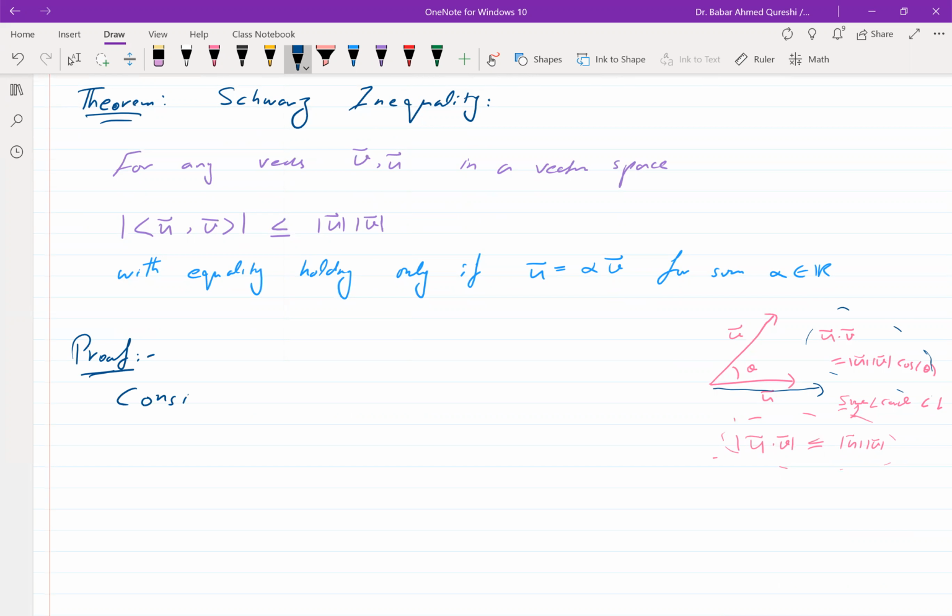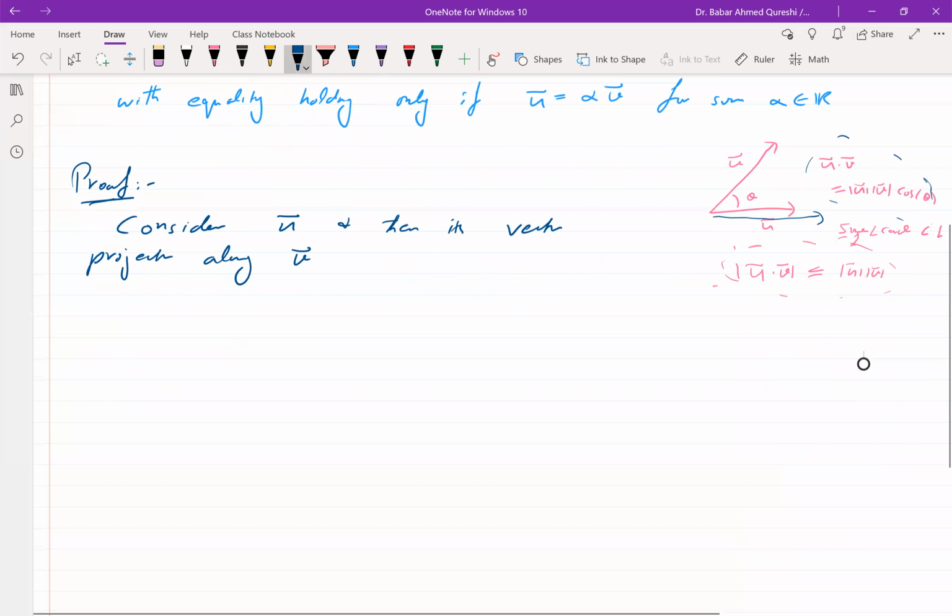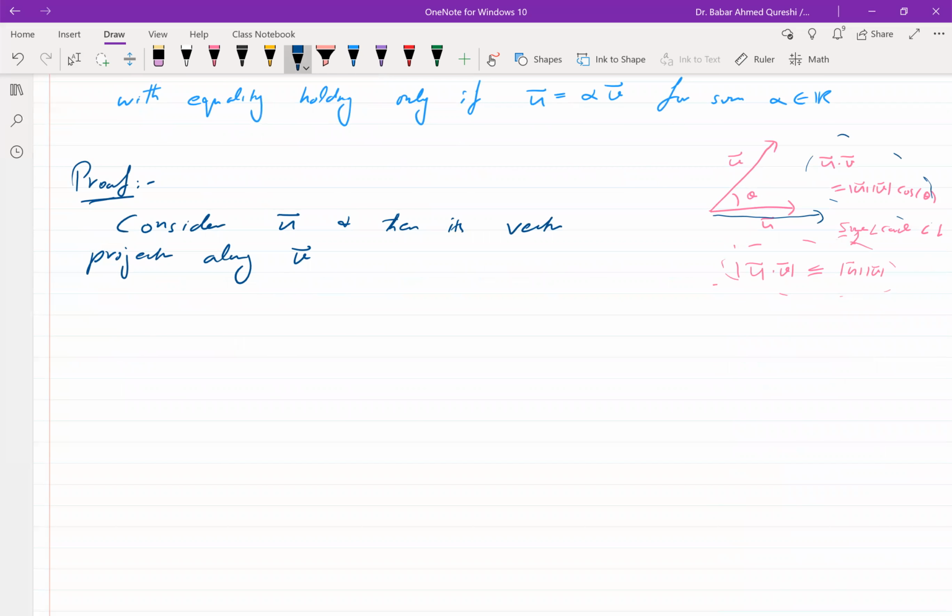So I consider a vector u and its vector projection along v. How do I define the vector projection? We defined it last time, but let's write it again. I'm giving it an abstract mathematical definition, but the idea is coming from geometry.